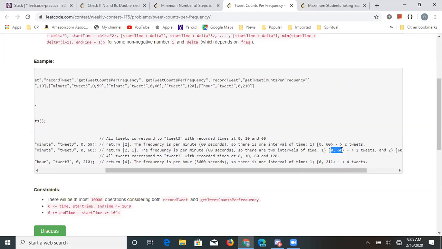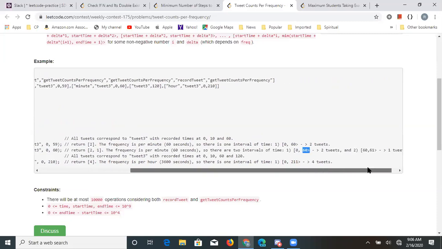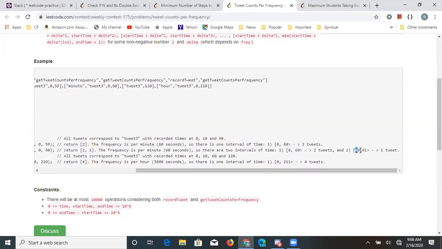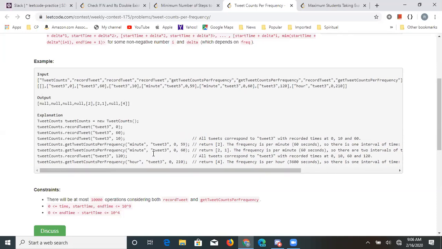See, 0 to 60, where 60 is not included, you can think of it as 59. There were 2 tweets in that. And from 60 to 61, you will say there is another 1 tweet. That is the whole point of passing this. So you are creating a bucket per minute. Think like that. Does that make sense?